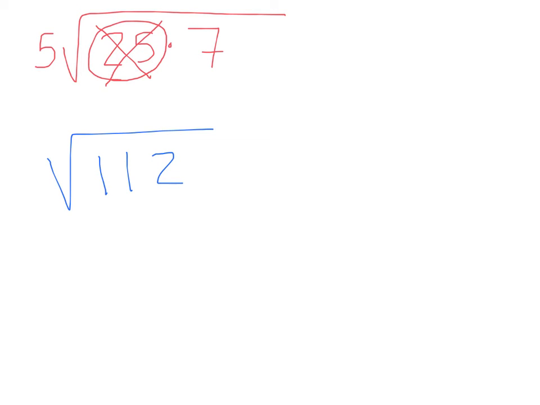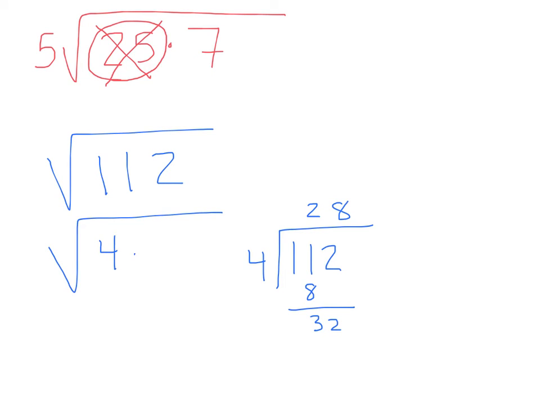And thinking about what goes into 112, let's try 4. So I've got 112 divided by 4. 4 goes into 11 2 times, leaving me 32, and that's 8. So it's going to be the square root of 4 times 28. And then 28 is 4 times 7, so that's going to be the square root of 4 times 4 times 7.